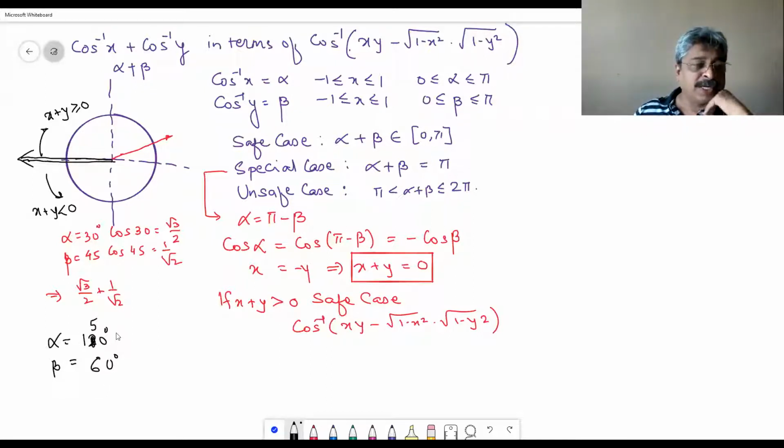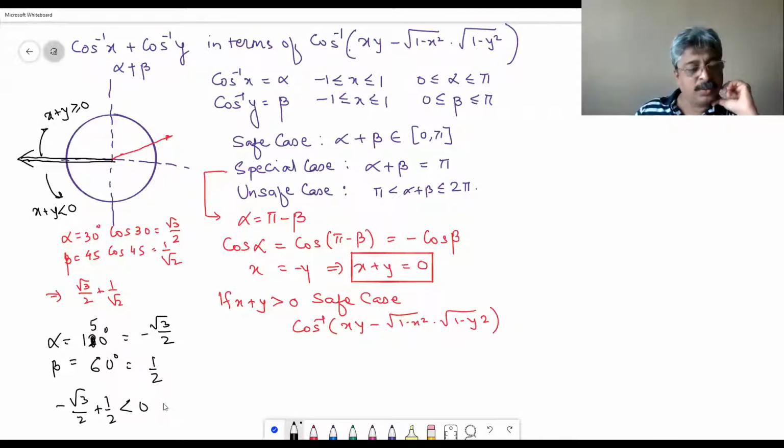So what is cos 150? Cos 150 is minus root 3 by 2 and cos of 60 is half. So minus root 3 by 2 plus half is less than 0. So if x plus y is less than 0, it is an unsafe case.